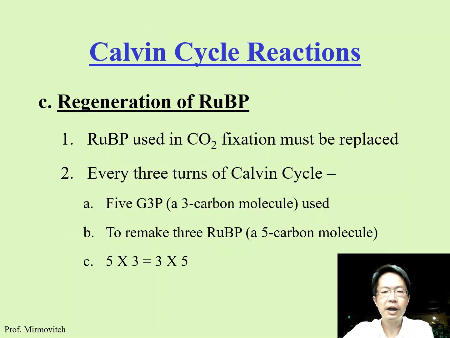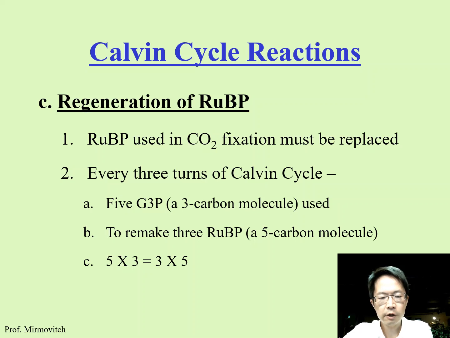Okay, this is the last stage of the Calvin cycle. Congratulations. The last stage of Calvin is the regeneration of RuBP. We call it a cycle because RuBP, at the end of it, shows up again. We reuse the RuBP.